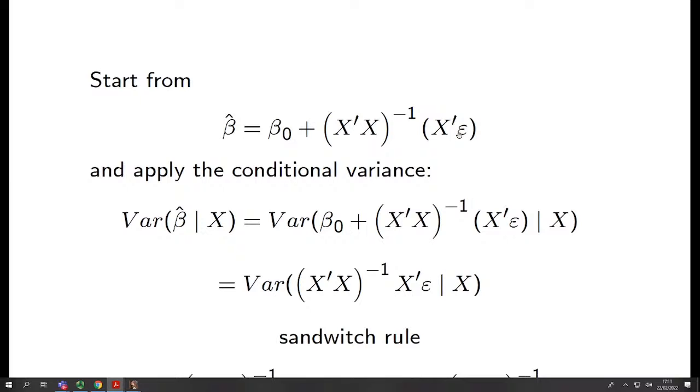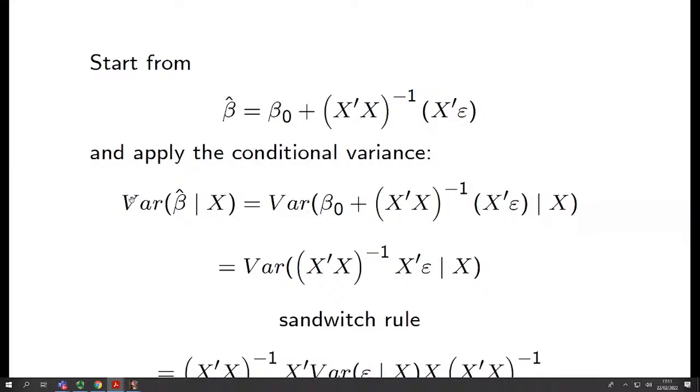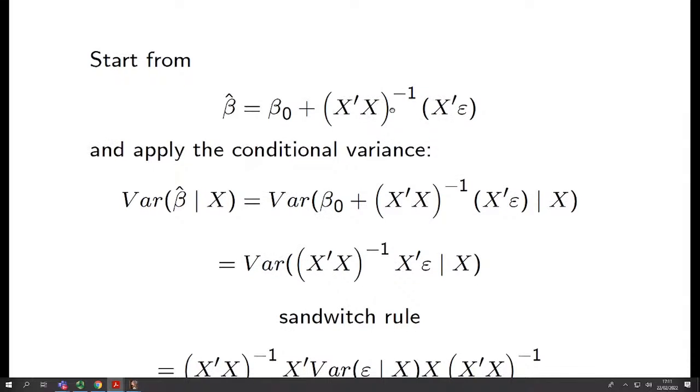Again, our starting point is that the estimator is the true value plus something. Now what I do, I apply the variance of beta hat given X. I replace beta hat with this expression here. So I have this object here.